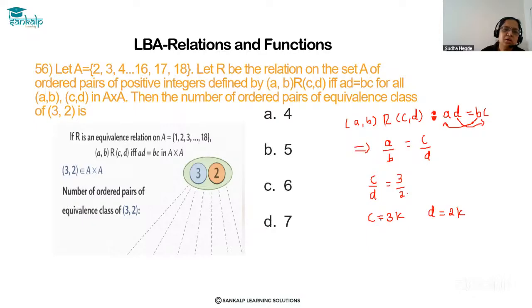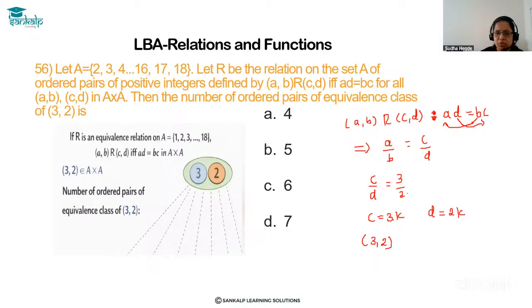Now A is {2, 3, 4, ..., 16, 17, 18}. You find the possible ordered pairs. First, the first pair is (3, 2) only.